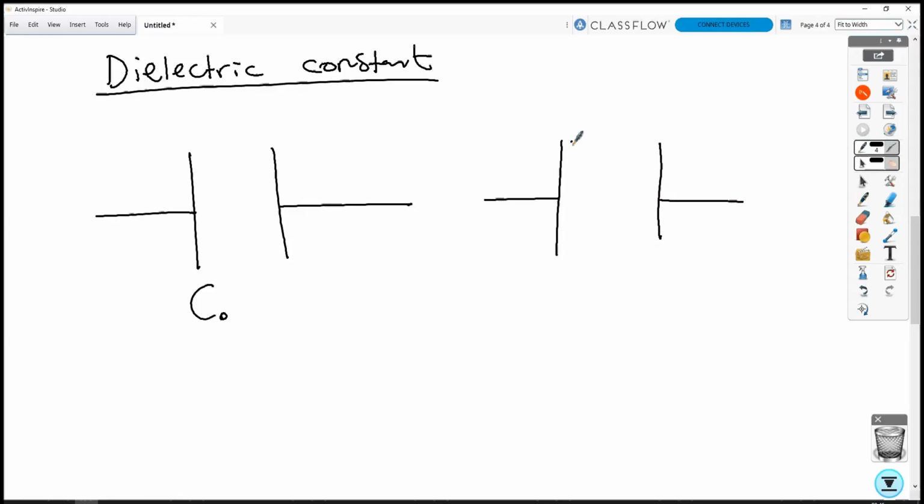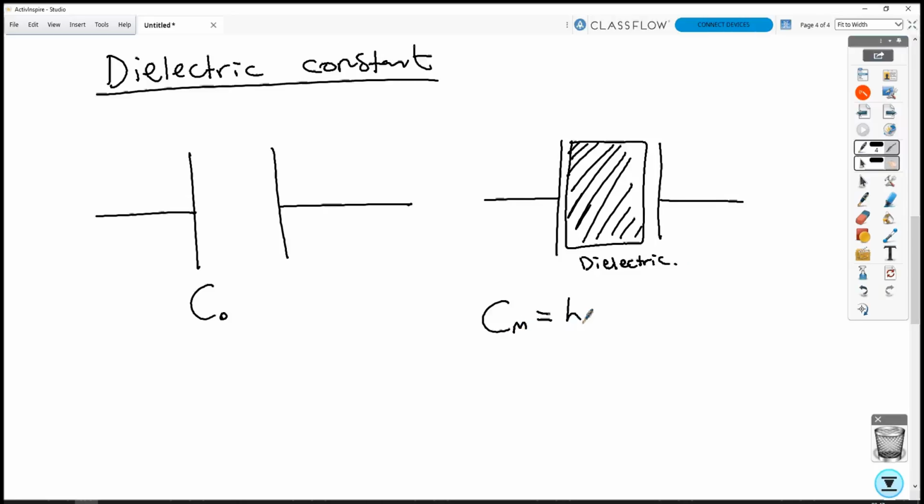So here's our altered capacitor with a dielectric between the plates. And the capacitance of this capacitor increases. So our modified capacitor has now got a larger capacitance, which has increased by some scale factor multiplied by C0. So our modified capacitor is some constant multiplied by C0.